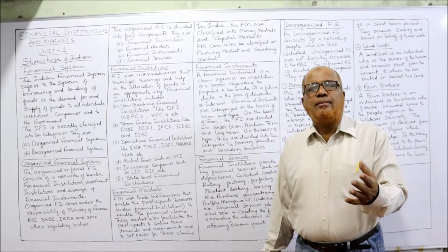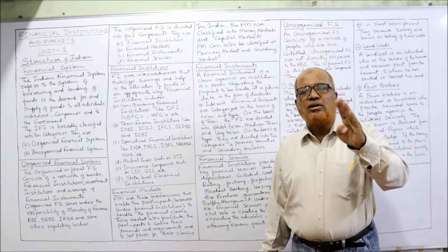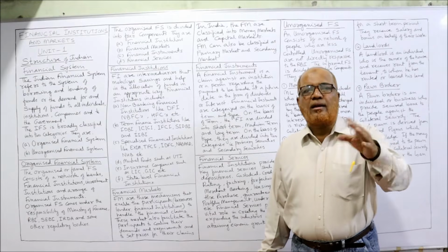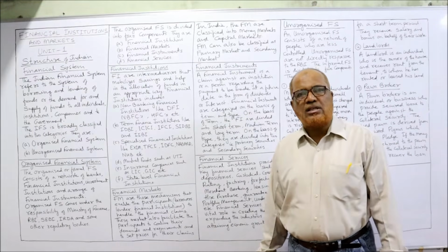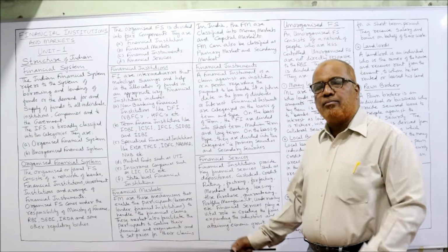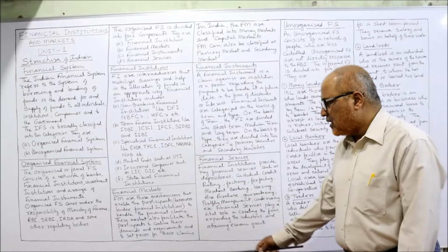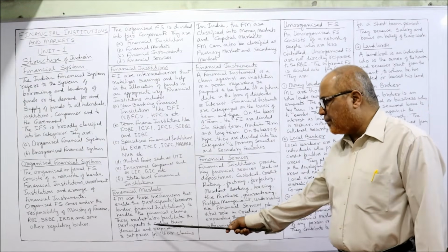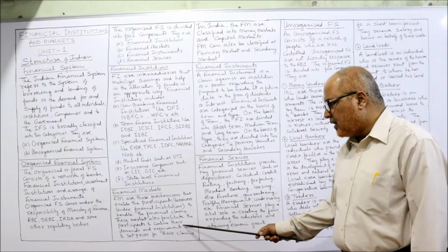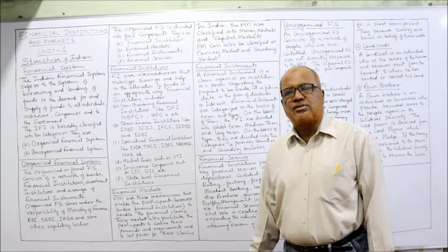The financial claims are the instruments on the basis of which the borrower and lender come in contact with each other. To settle the claims, this financial market comes into existence. This market also facilitates the participants to combine their demands and requirements and to set prices of their claims.